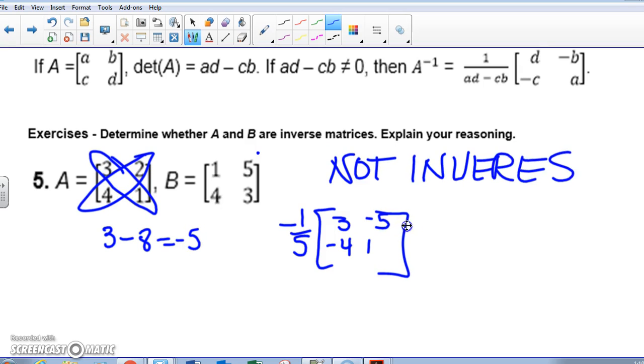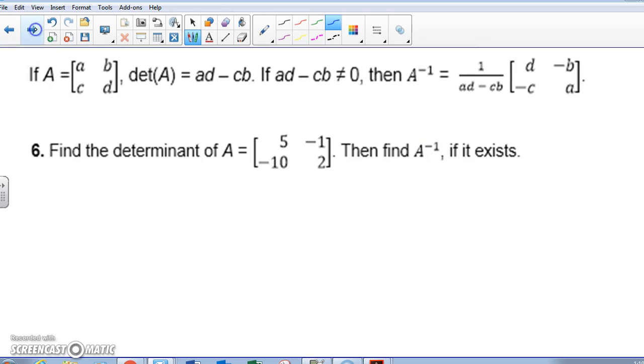I don't know what that says. Doesn't say inverses. Okay. Try again. All right, this one literally says find the determinant. I'm going to stop this for a minute because this is something that could be done on the calculator. I'll restart in a second, guys.